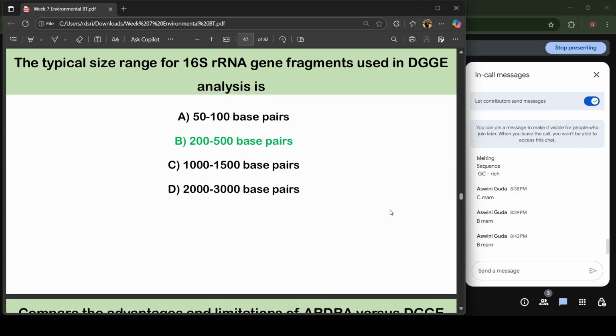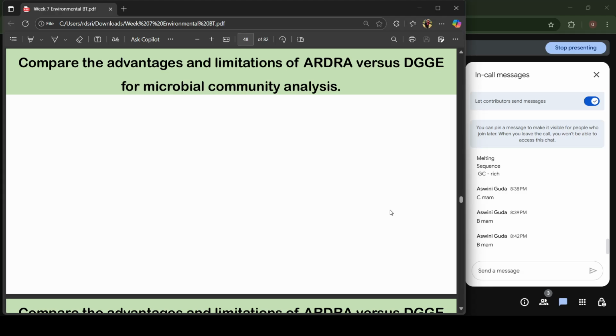Exactly, 200 to 500 base pairs is a typical range.